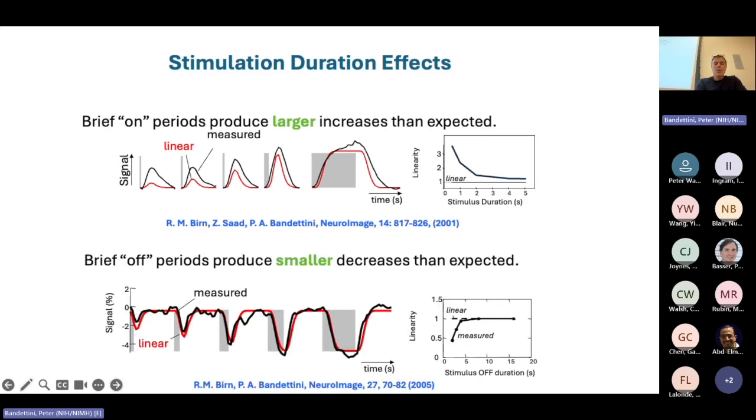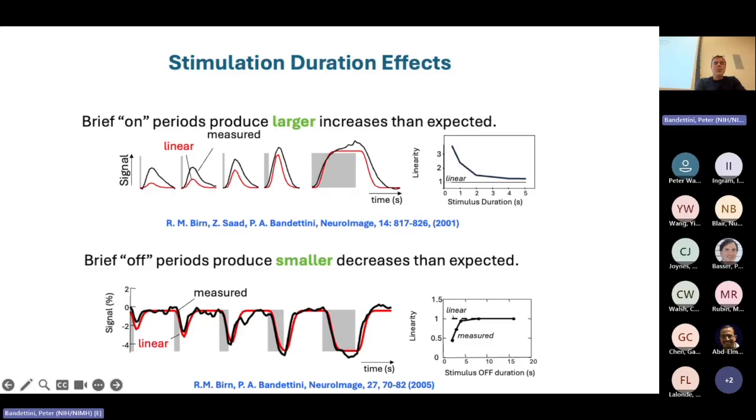This is also an interesting thing that's still not quite fully understood. If you have the stimulus on the entire time and intermix brief off periods of different durations, the hemodynamic response behaves in a sublinear way.